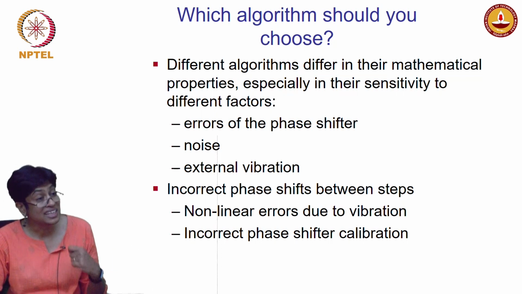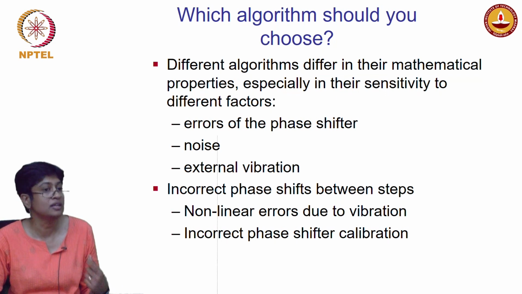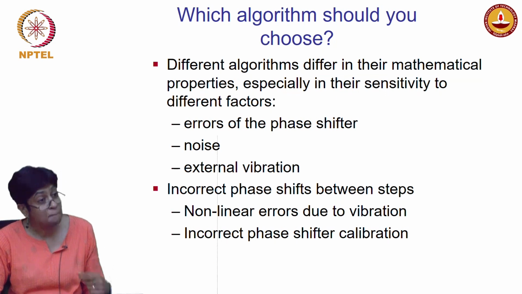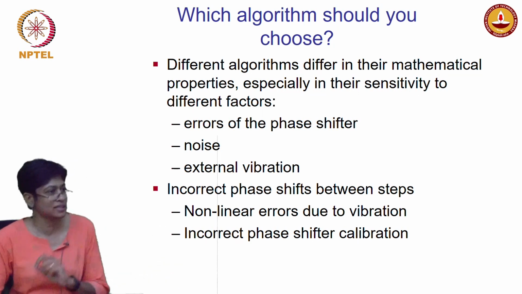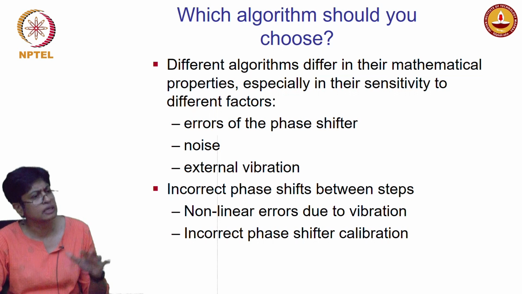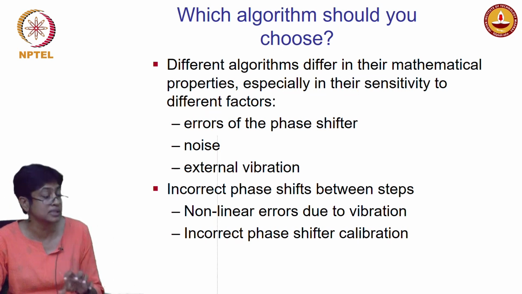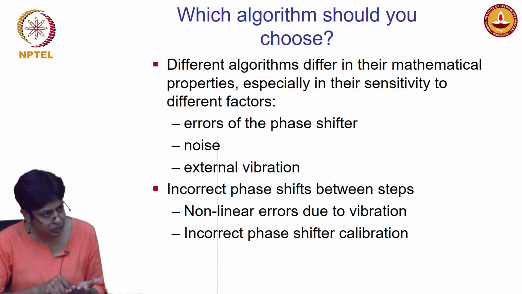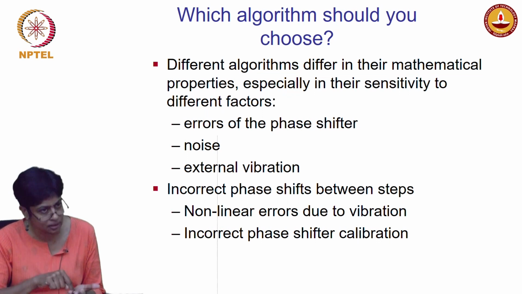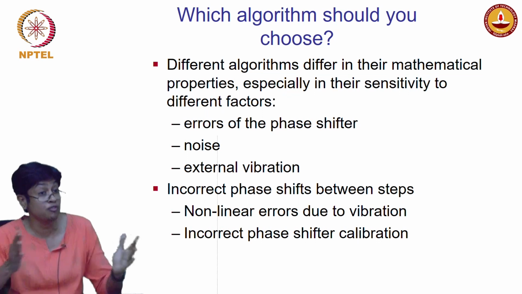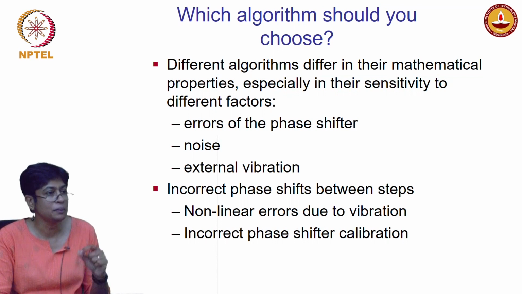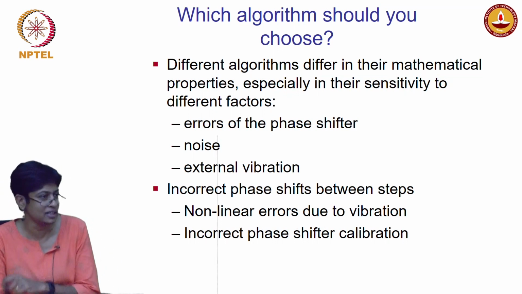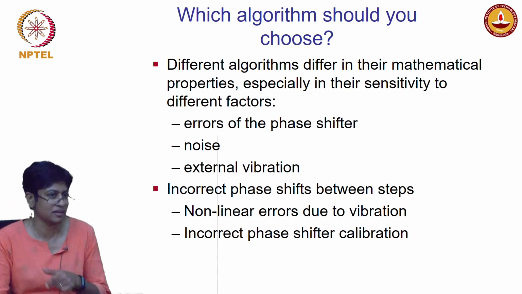And since you can introduce that known phase shift in different ways, some methods will be more prone to creating some kinds of errors than others. So, people will do quite an extensive study to see what method we are going to use, what errors are typically introduced by this method, what is the range of values of the errors introduced by this method, which algorithm will be least sensitive to these kinds of errors, and then you would pick that algorithm.